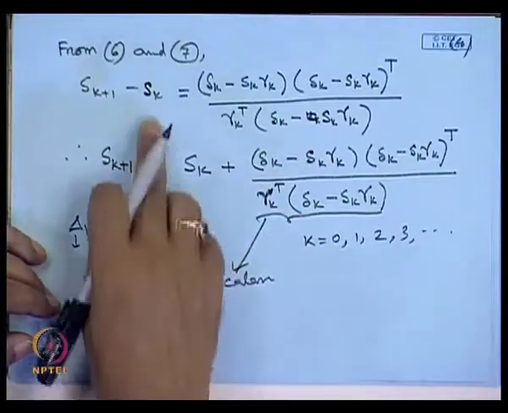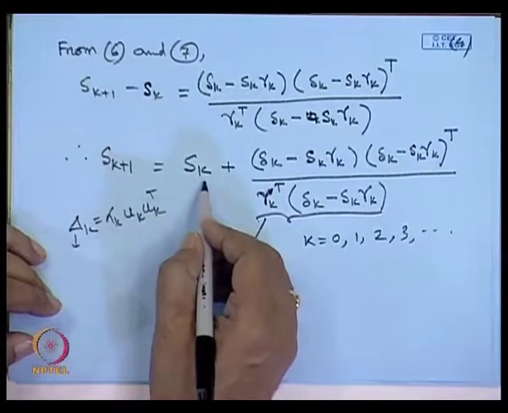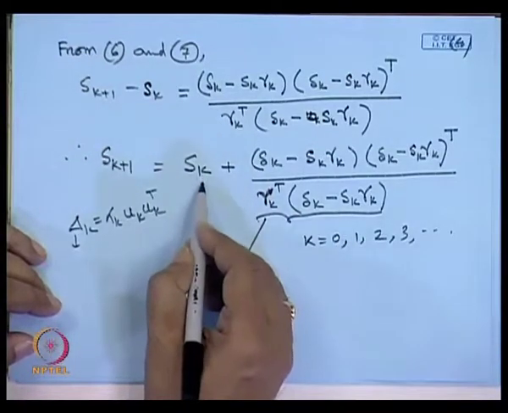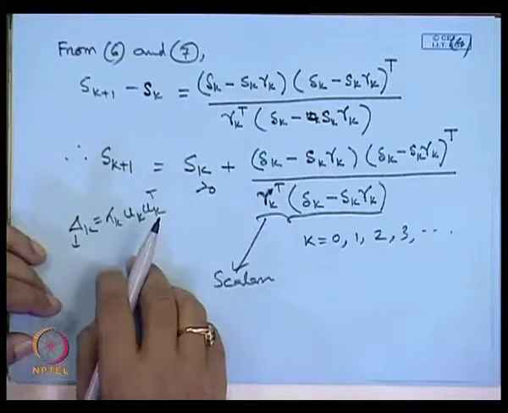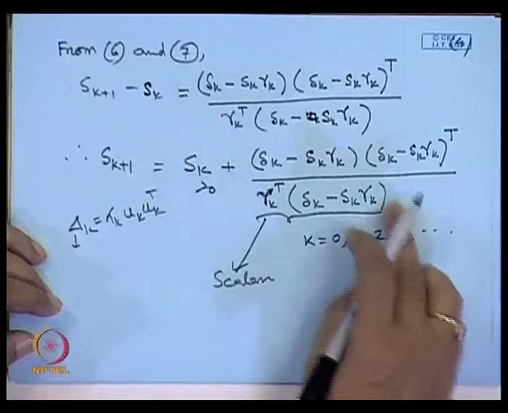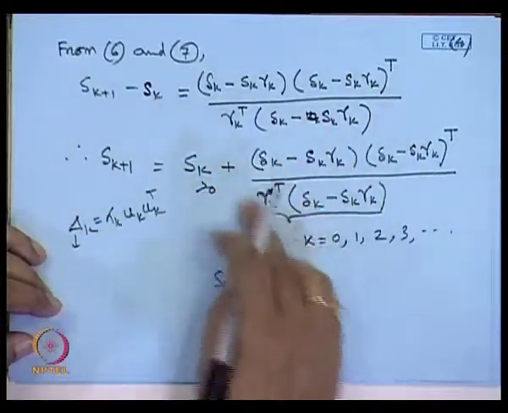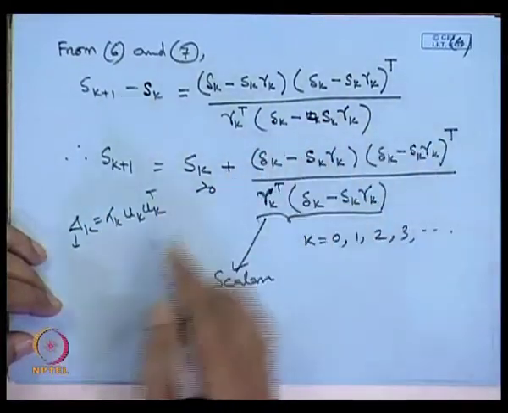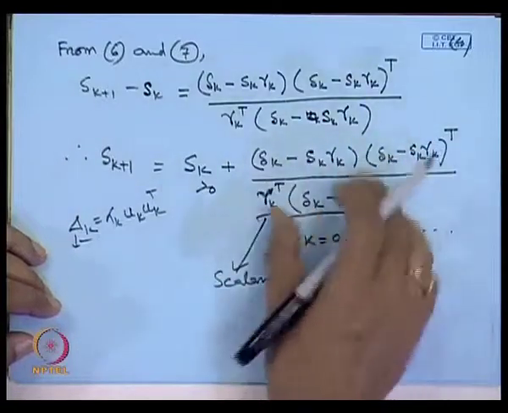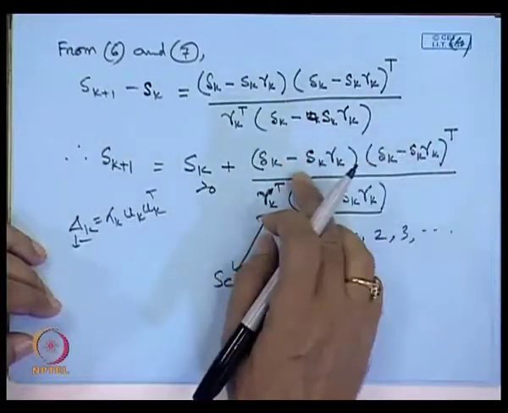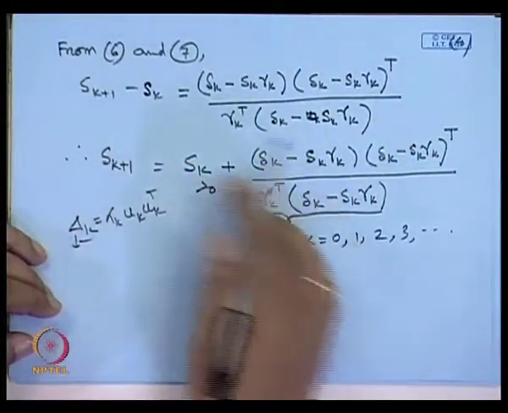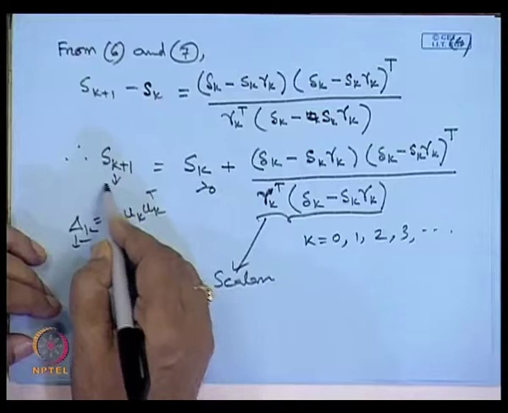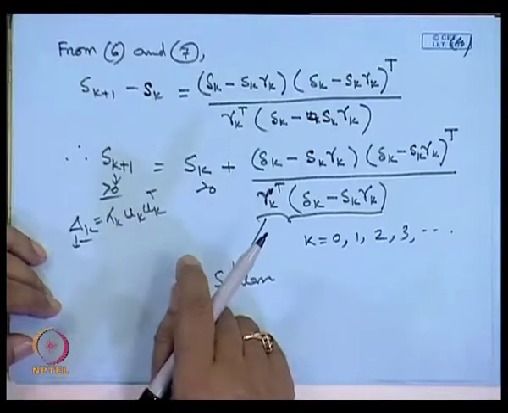It is not necessary in this case, because once you have selected S_0 as a positive definite matrix, any positive definite matrix, the delta_k expression you can write this way, and it is always a positive semi definite matrix, and in turn S_{k+1} is a positive definite matrix.